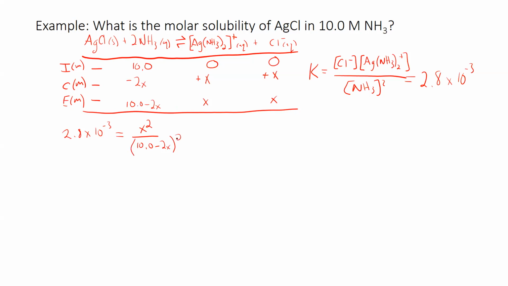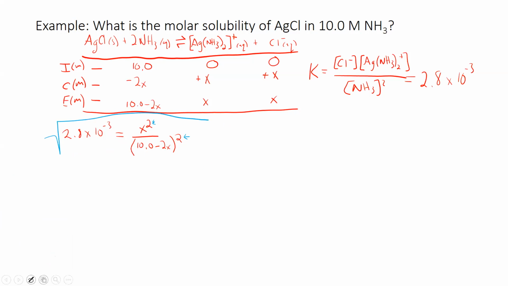Minus 2X, that quantity squared, okay? And so there's a nice little trick that you can do for something like this, and it doesn't always work out math-wise, but this one happens to be a great one for us. The nice thing is, since we have a square in the numerator, and in the denominator that's squared, we can just square root this entire thing to make our lives a heck of a lot easier.